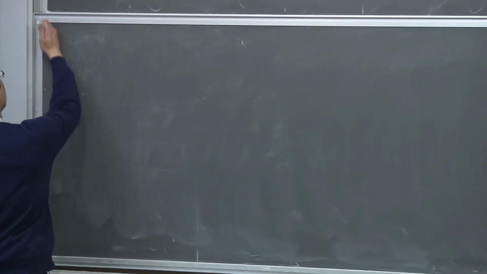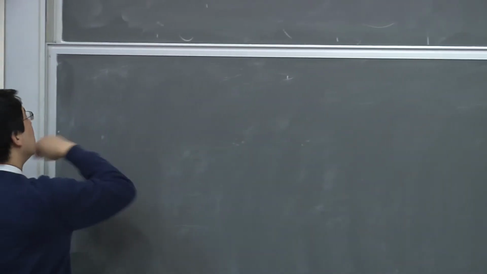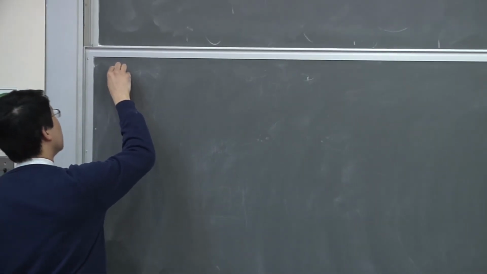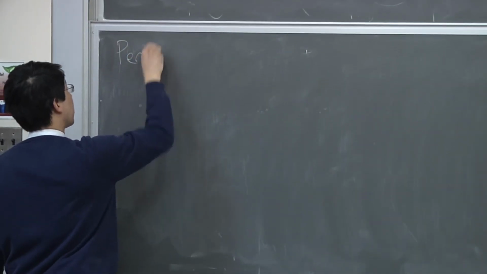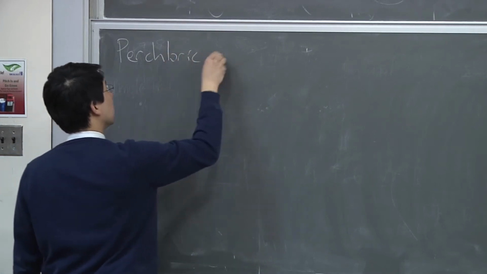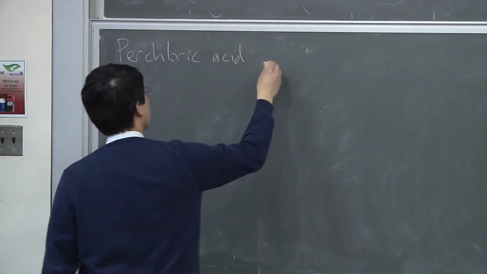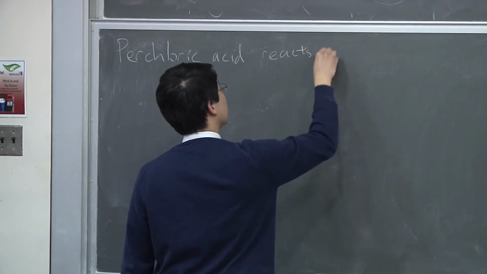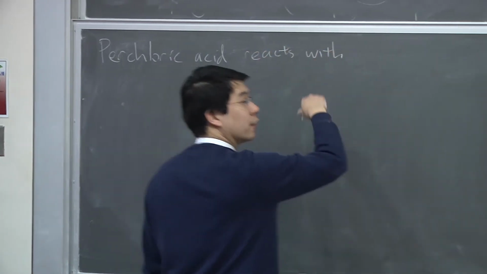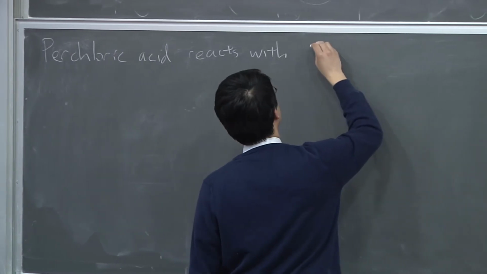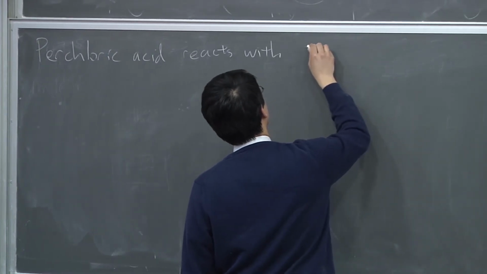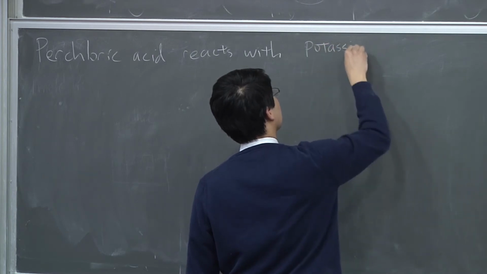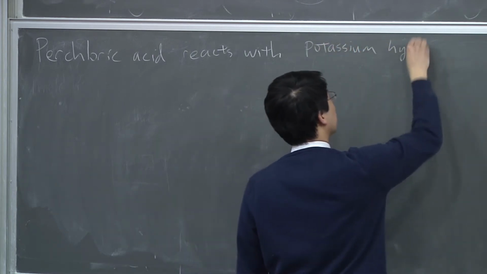So let's say aqueous perchloric acid reacts with aqueous potassium hydroxide.